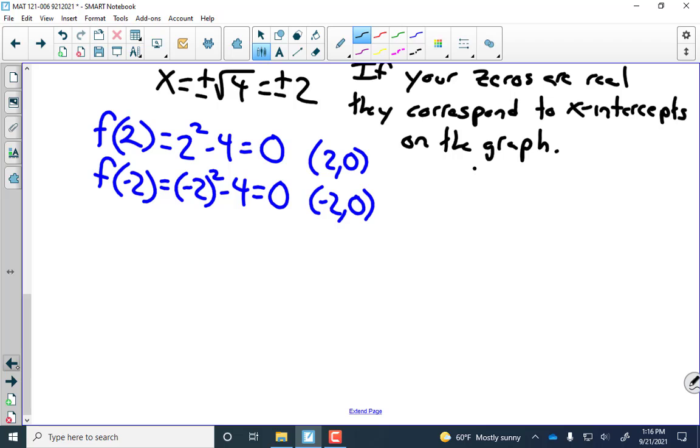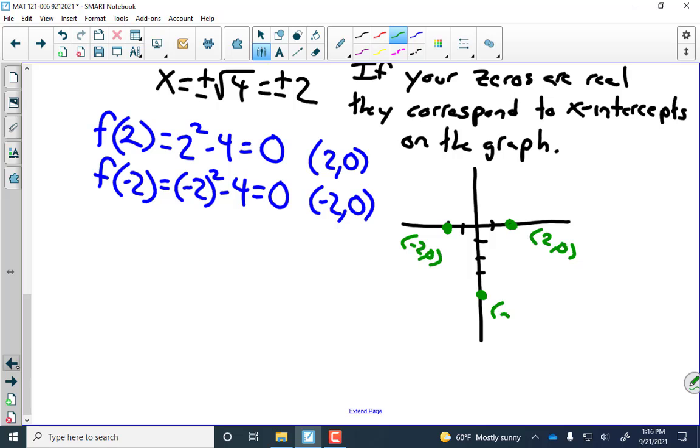In other words, x squared minus 4, which is our x squared graph shifted down 4 units, has a point here and a point here. The zeros correspond to x-intercepts. It has a point here, because the point that was at (0, 0) shifted down 4 units, down here to (0, negative 4). That, everyone, by the way, is the vertex.